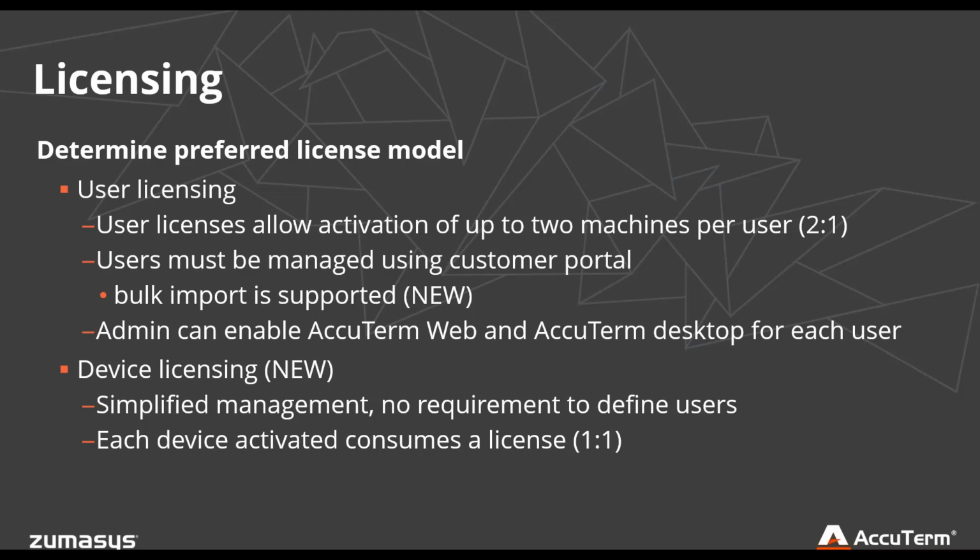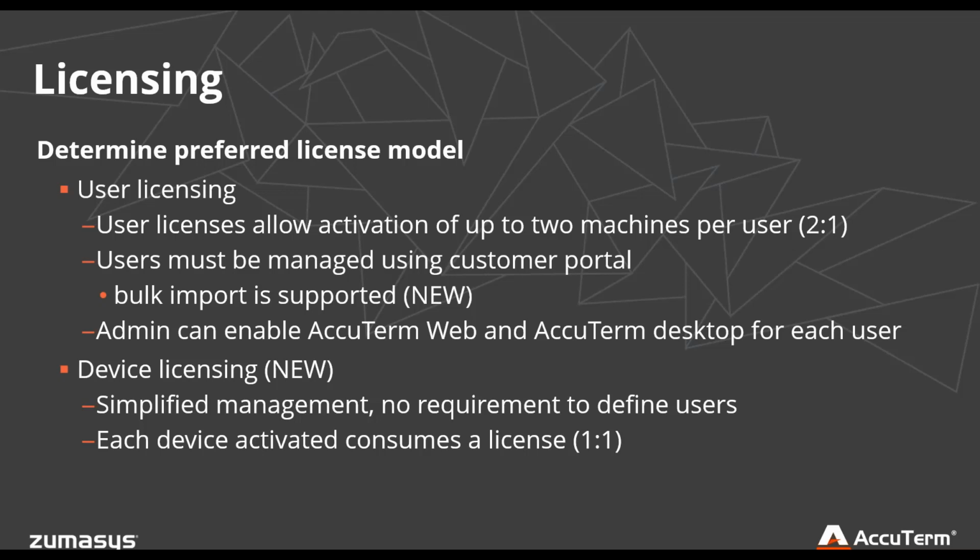Each user has to be identified by an email address, and they are allowed to install the product on up to 2 machines. The users are managed in the customer portal, and there's a new feature in the portal now called bulk import, where you can give the system a CSV containing all your users and import them all at once. So it simplifies setting up large deployments.